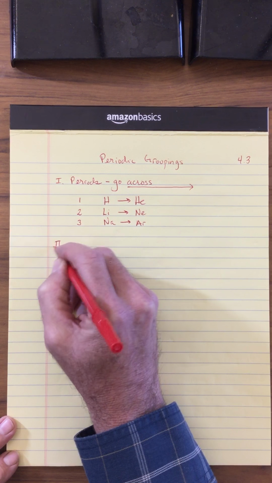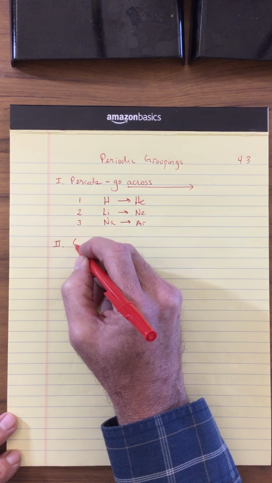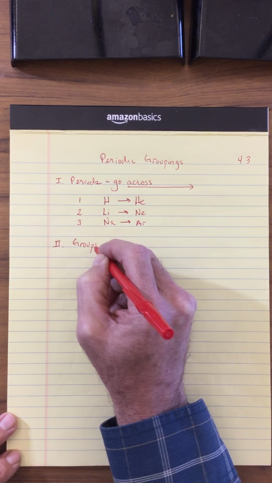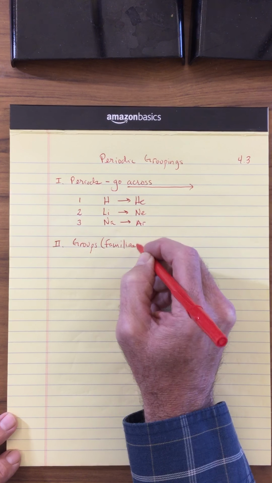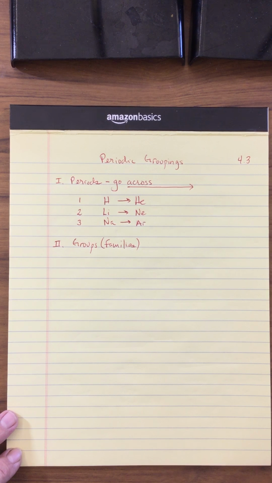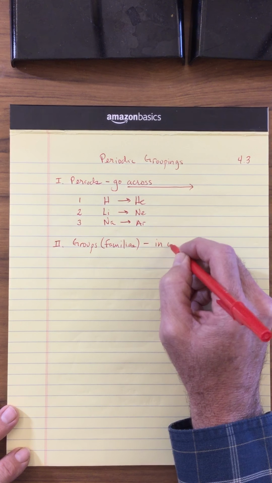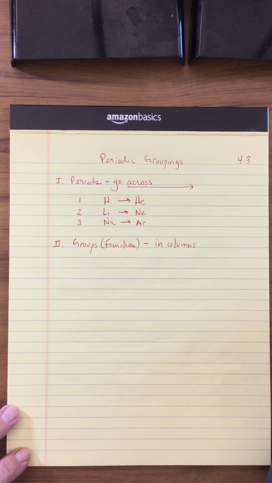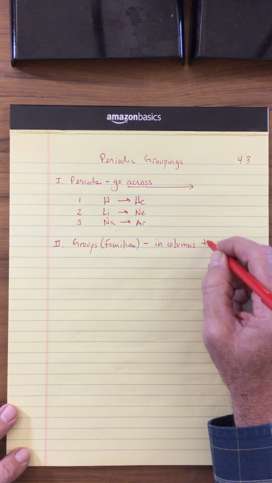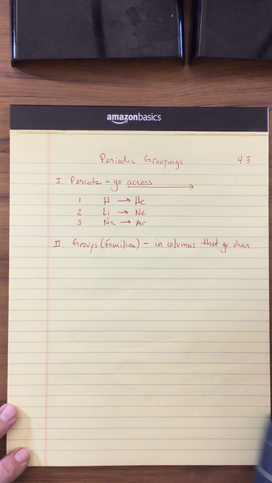We also have these other columns, and these are called your groups. Now, sometimes they're called families, but we will call them groups, but you might see in some of your handouts, your activities will be the families. So the families are in columns. They're in columns, and these columns go down. So they go down the periodic table.